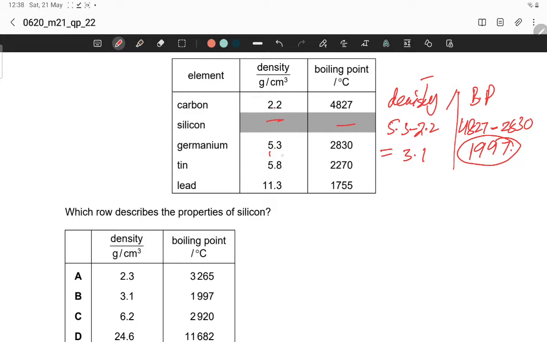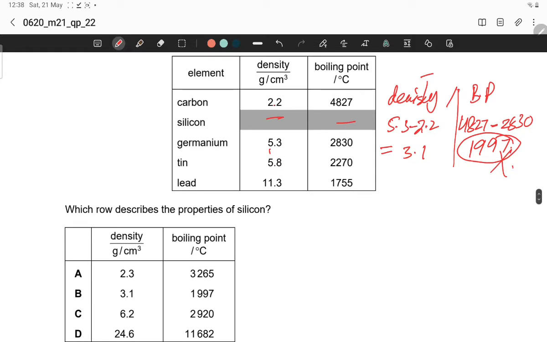The trend is going to increase, so it should increase but not exactly equal. So 1997 is not correct, because boiling point cannot show a regular trend if we write down 1997 over here. So that's why this is incorrect.